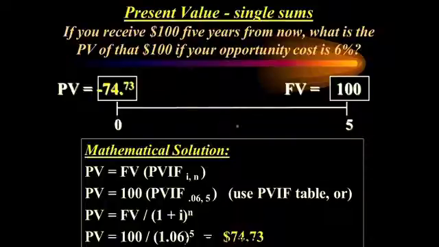If we want to compute the present value of an annuity, the best way out is to multiply by the present value interest factor annuity. Now you look at the annuity table. Suppose you want $100 every year for 5 years. What is the present value now? So $100 multiplied by the present value interest factor annuity, right?